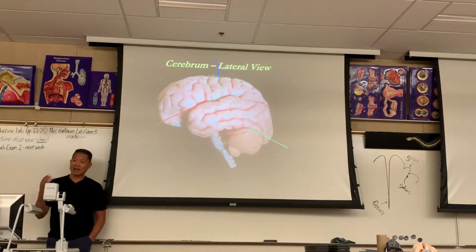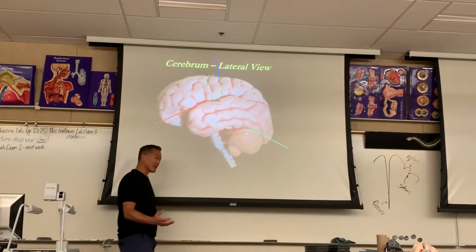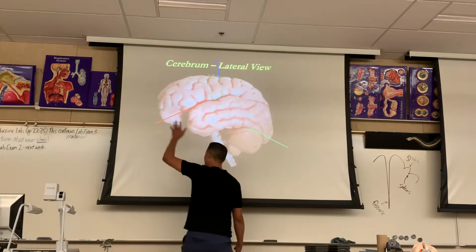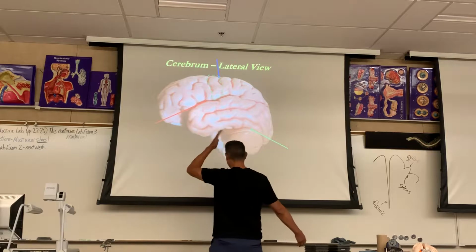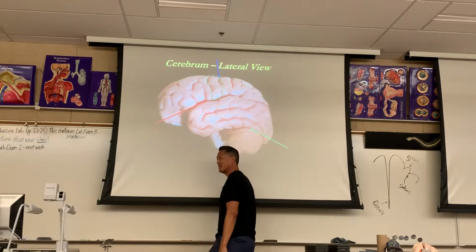And because everything in your body, both sensory and motor, goes through decussation, what does that mean? Crossing left to right. You have to initiate things on the left cerebral hemisphere in this green area to contract muscles on the right side.